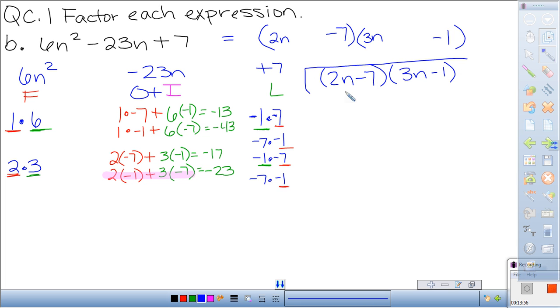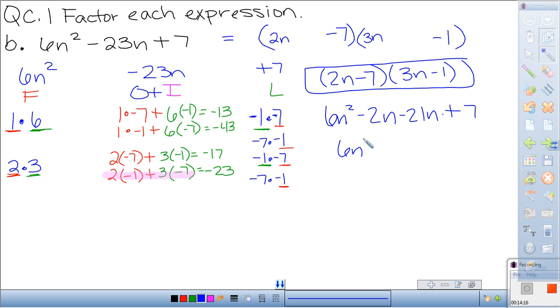and remember to check, all you do is FOIL. We'll do that real quick just to see again that it really does work. 2n times 3n, 6n squared, 2n times negative 1, negative 2n, negative 7 times 3n, negative 21n, and negative 7 times negative 1, positive 7. Combine like terms, 6n squared minus 23n plus 7.